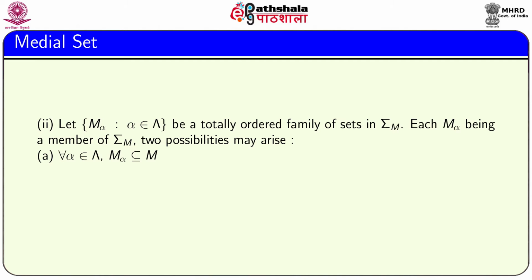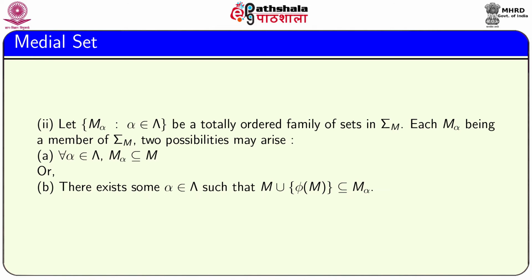The first one is, for each alpha belonging to lambda, M alpha is a subset of M. Or the second one, that there exists some alpha belonging to lambda such that M union set phi M is a subset of M alpha.